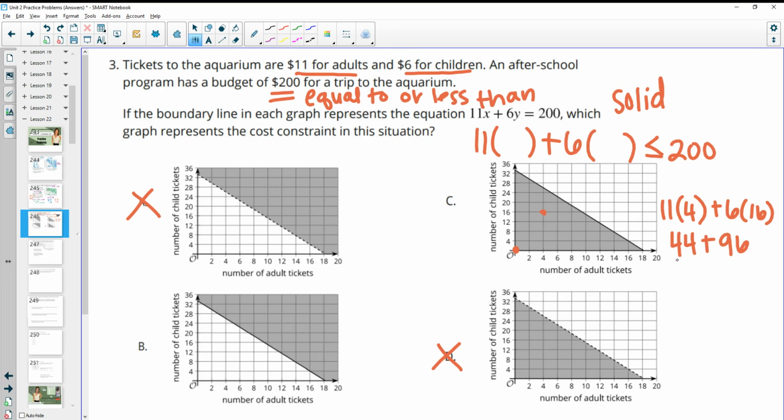And then 96 plus 44 is 140. Is this less than or equal to 200? And that's true. So this point is in our solution set, meaning it should be shaded. Okay, so C would be the correct answer there. Anything in this one above the line is too much, okay, because all of this stuff is over the 200.